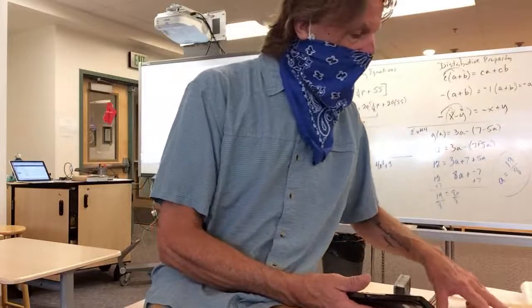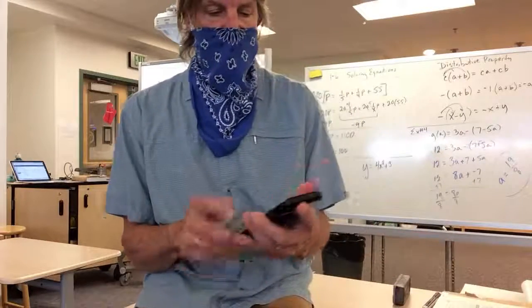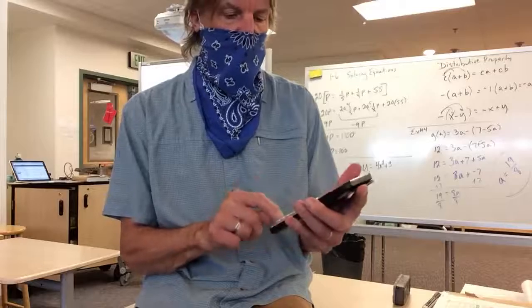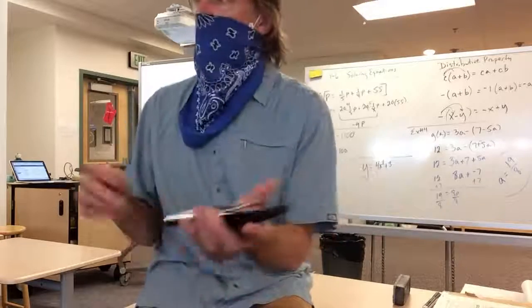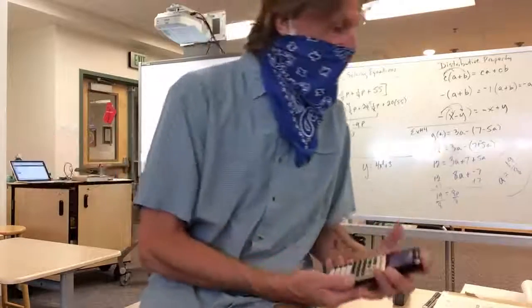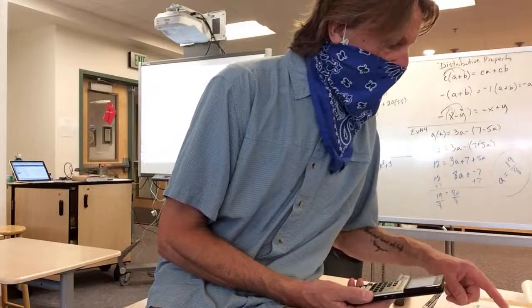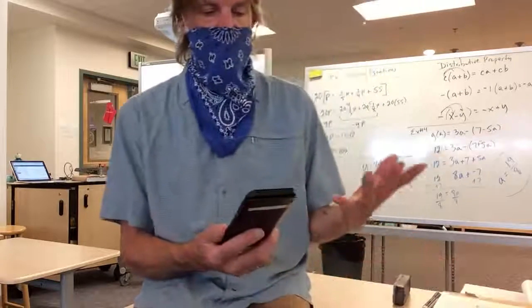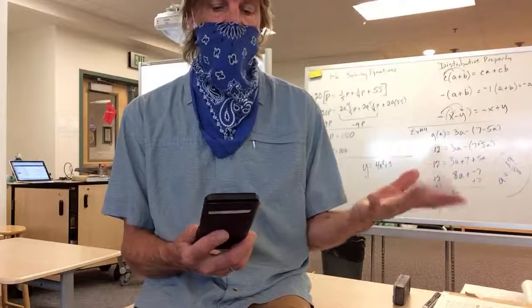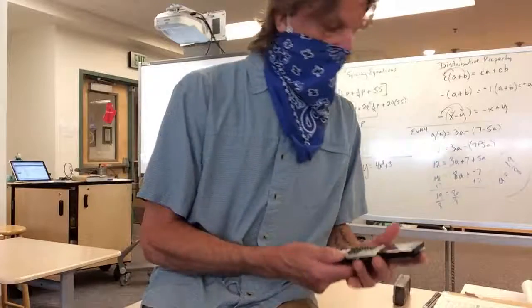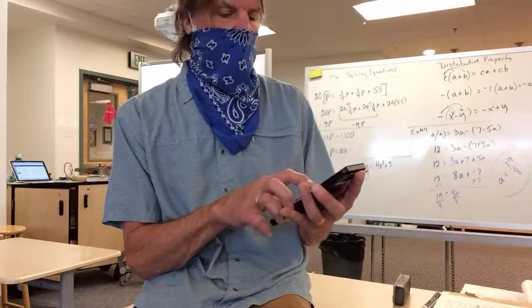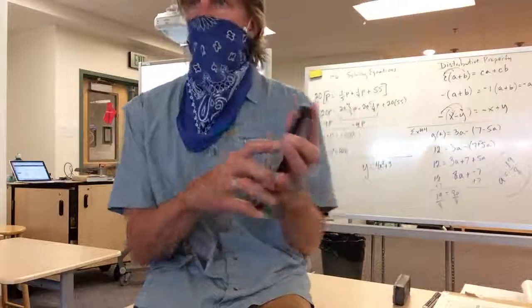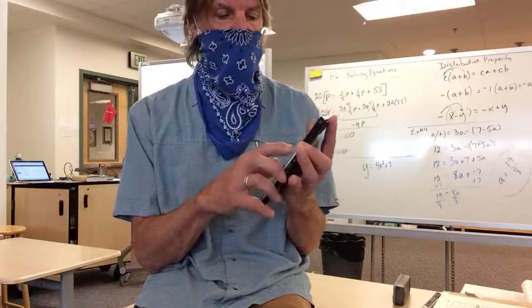So they want us to start the table at -10. So go to your table start and begin with a -10. Don't forget to use the negative in the parentheses. And then we want the increment to be equal to 1. So delta table is going to be 1. And then all you do is you hit the table button, which is going to be second graph. So it's a second function.